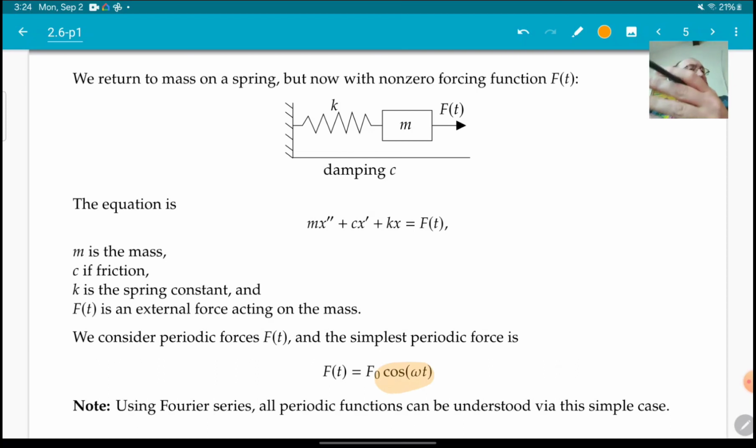For sine it's basically the same thing. But if you can understand what happens for sine and cosine, you can understand what happens for all periodic forcing functions.